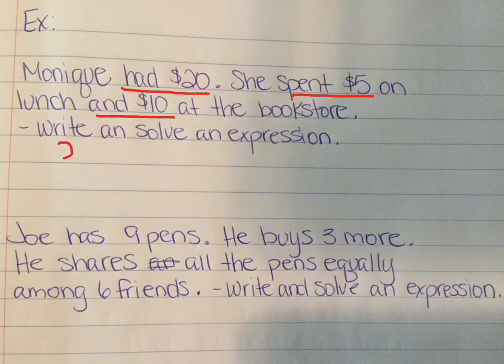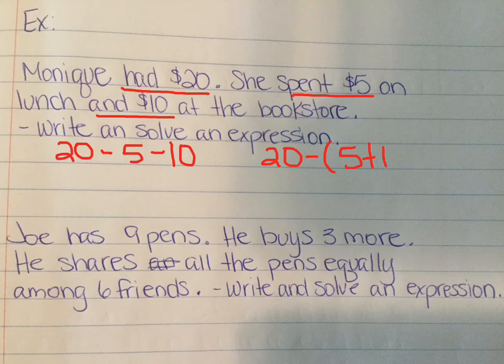Okay, she had 20, she spent 5, and then she spent 10. That's one way, correct? Then you could say she had 20, she spent $5 and $10. Either one will get you the same answer.